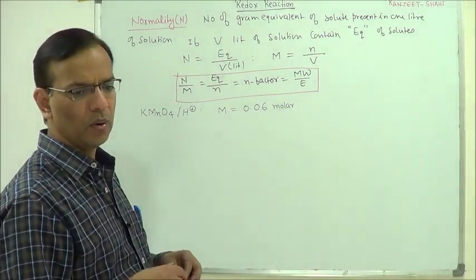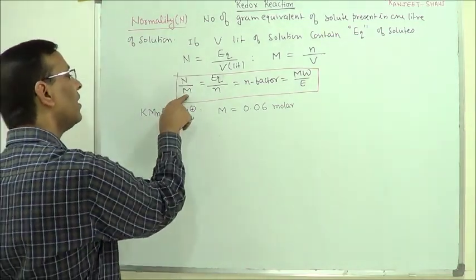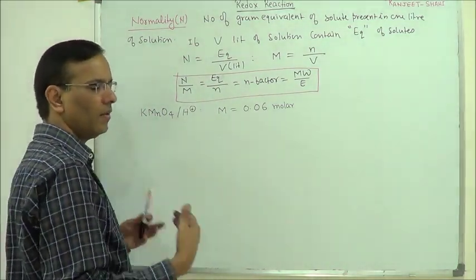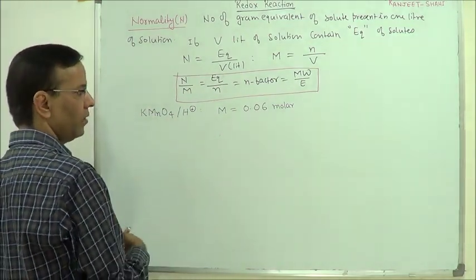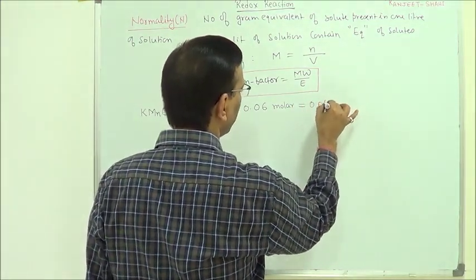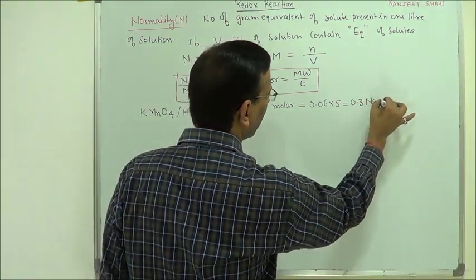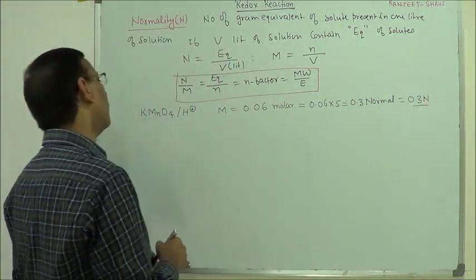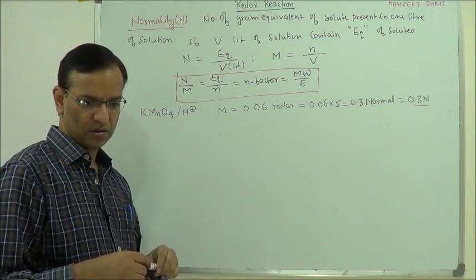Suppose we want to know the normality of this solution, so normality is molarity multiplied by n factor, and for potassium permanganate we have just tabulated and have seen so many times that the n factor of potassium permanganate is 5. So it will be 0.06 into 5, 0.3 normal, usually written as 0.3 N.